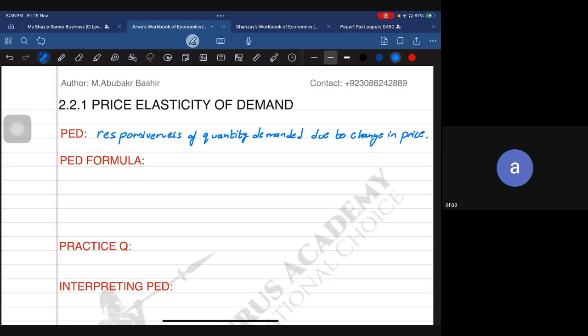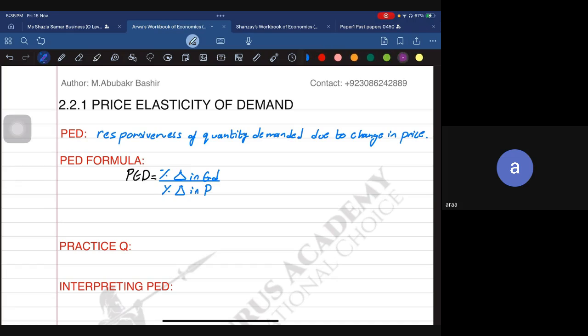So here we have the formula which says PED is equal to percentage change in quantity demanded over percentage change in price, right?